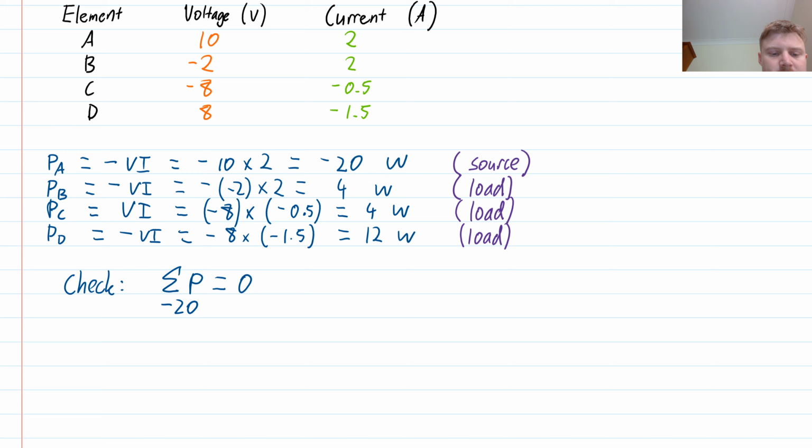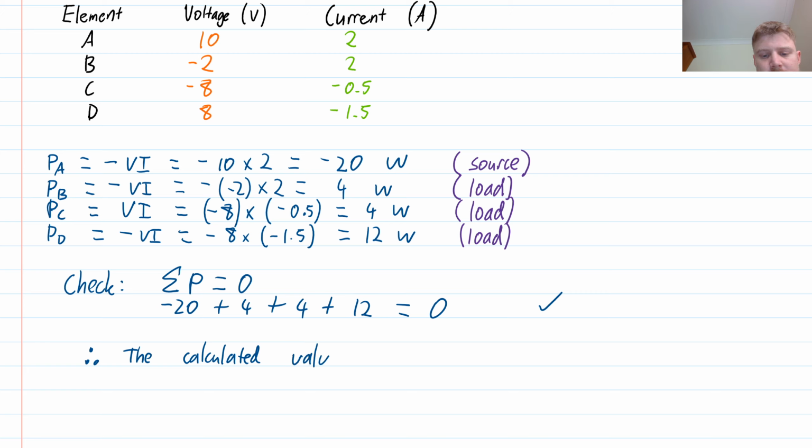So I have -20 plus 4 plus 4 plus 12, and with a quick mental calculation we see that, yes, that does add up to 0. This tells us, therefore, that the calculated values are consistent. They make sense.